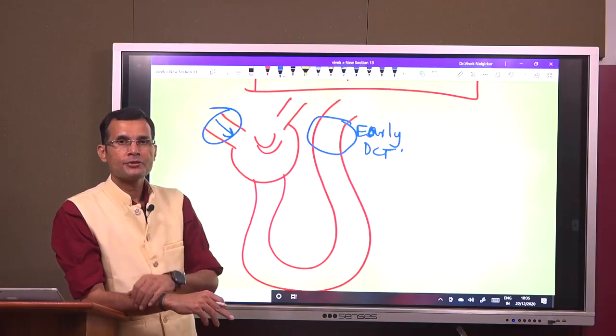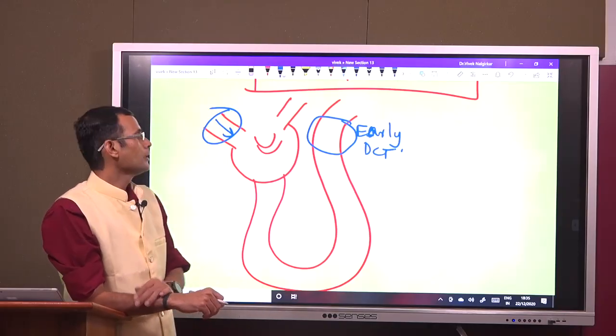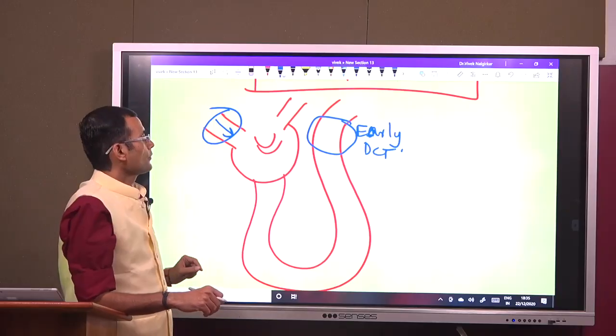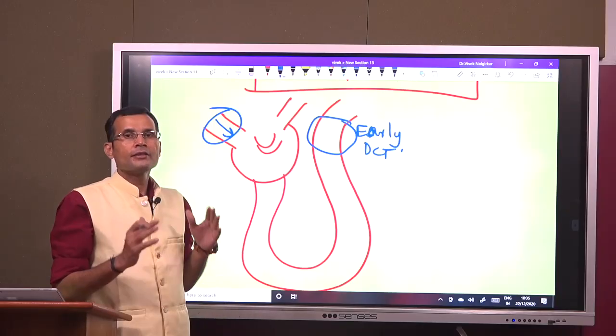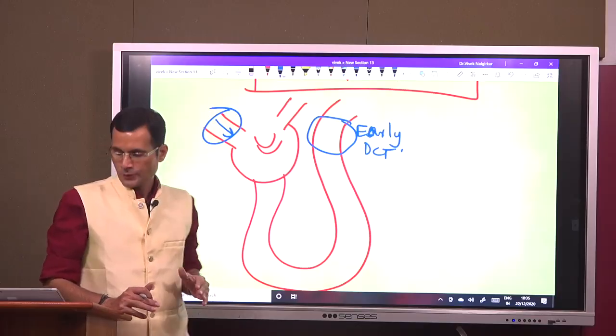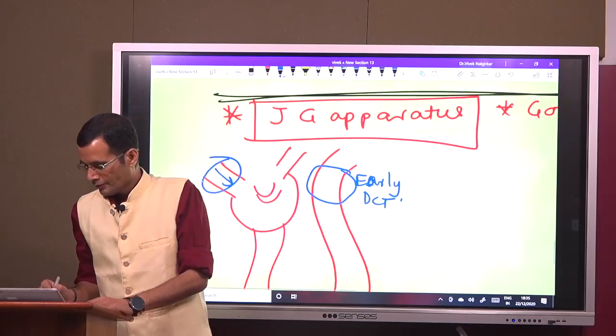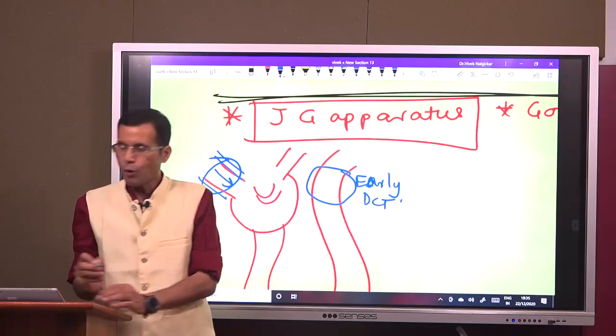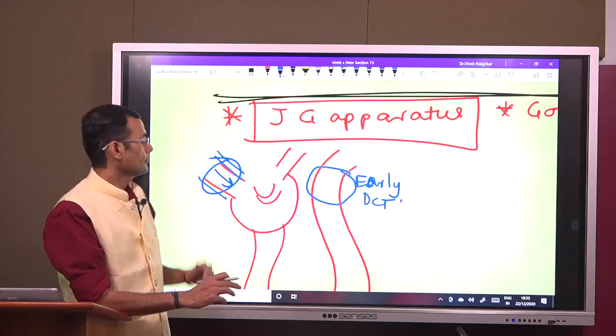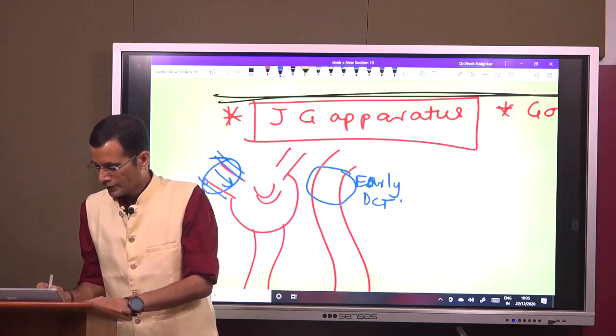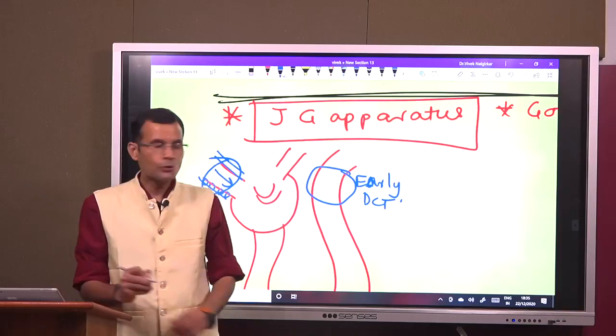Okay? And so there are 3 cells in this complex. First, the cell in the wall of the afferent arteriole.